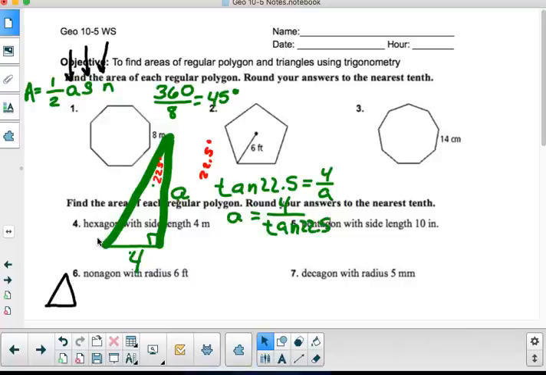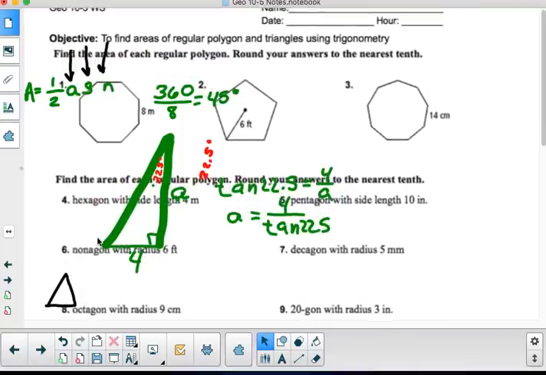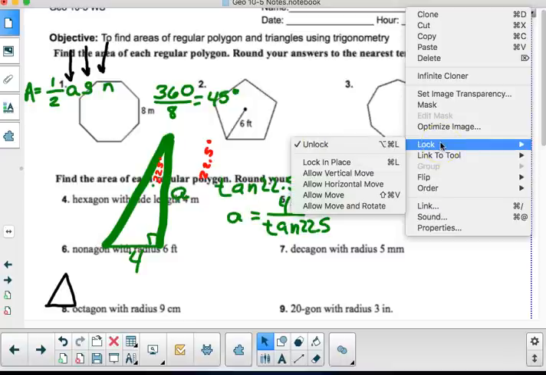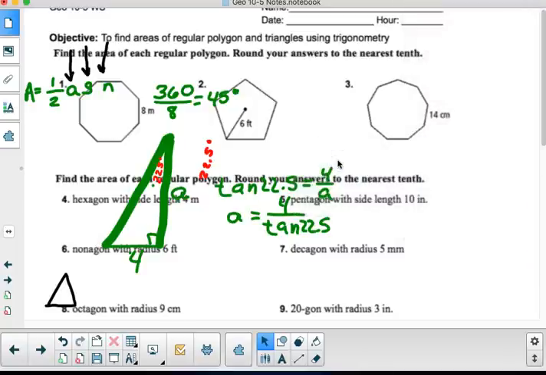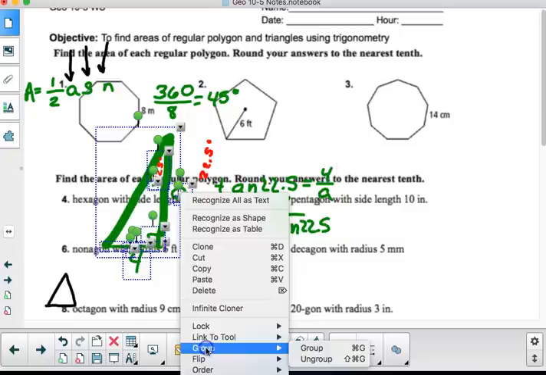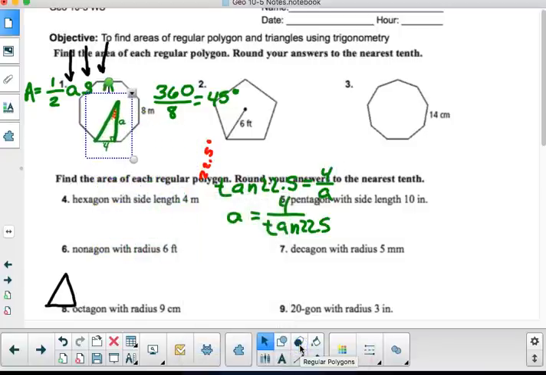I'm going to put my triangle I worked with back in and lock this part of the sheet down. So that's the stuff I was working on in this problem.